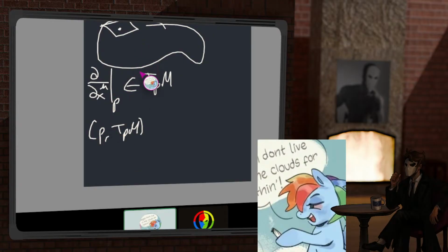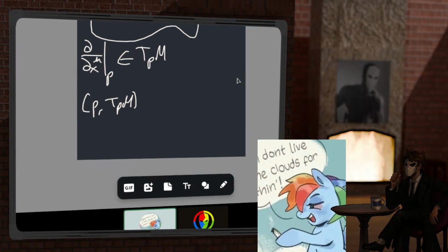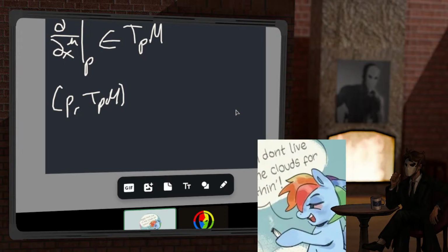So we have at each point a vector and the point of interest. I don't really think I could do fiber bundles or vector bundles justice off the top of my head, but the advantage of this is it lets us create vector fields.